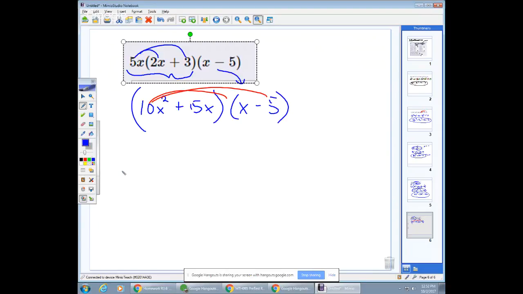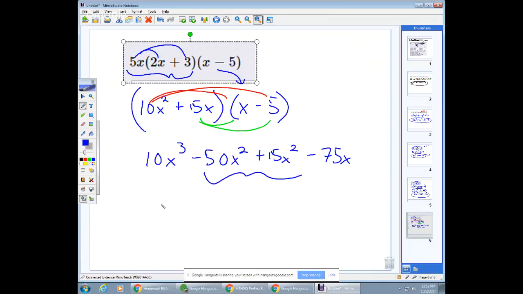First, we distribute the 10x squared. 10x squared times x would be 10x cubed, and then minus 50x squared, and then multiplying there and here, we'll have a plus 15x squared. 15 times 5 is 75, minus 75x.